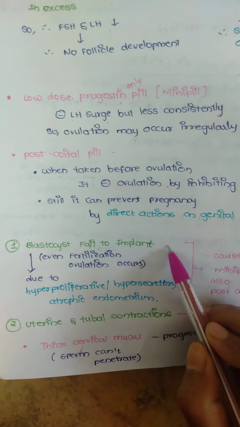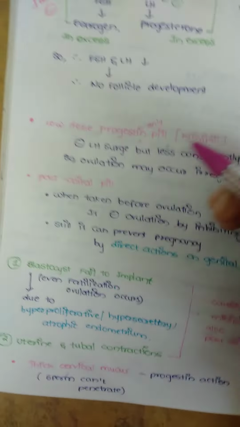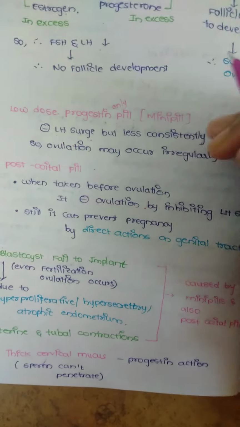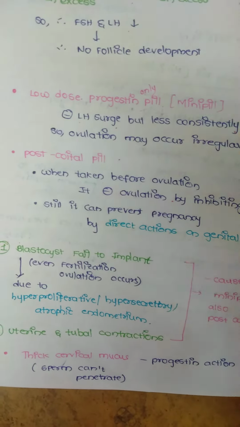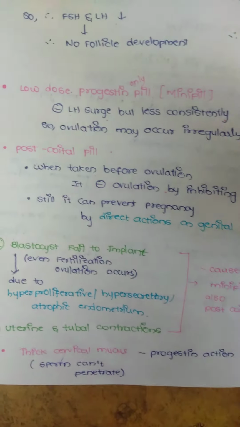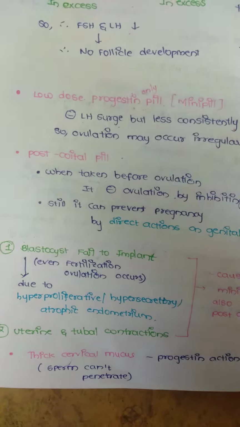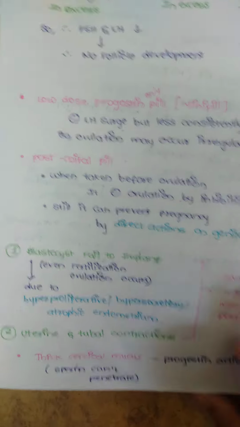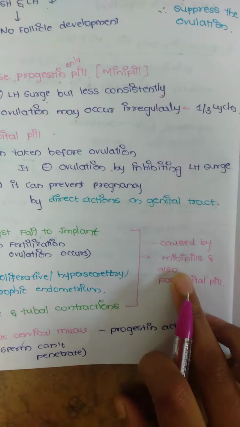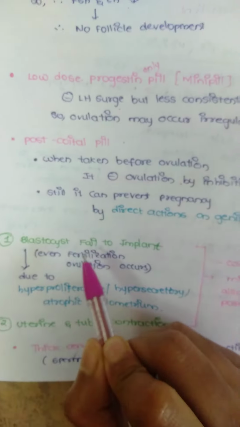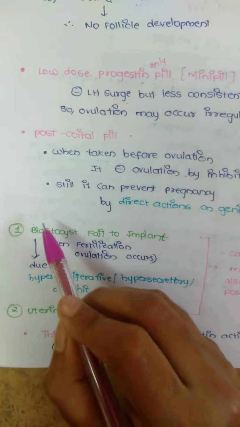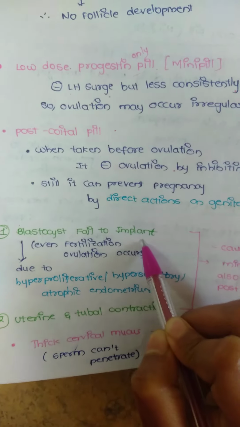Next, if ovulation and fertilization have occurred, the zygote converts into a blastocyst. Then if we have to control conception, we can still use mini pills and postcoital pills, because the blastocyst fails to implant.